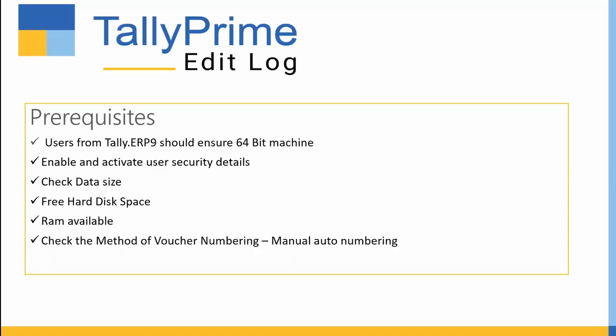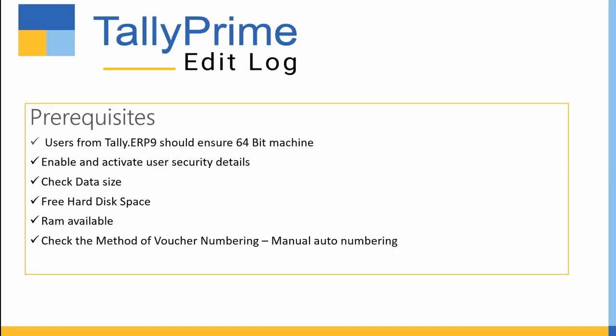If you change or delete a voucher, the numbering gets shifted, and consequently the other vouchers also get shifted. So TallyPrime suggests that when you are migrating, the numbering would become manual auto numbering. Or you can go to your voucher type master and configure it as manual auto numbering. That is the best way of working, because it ensures that the numbering does not get shifted.